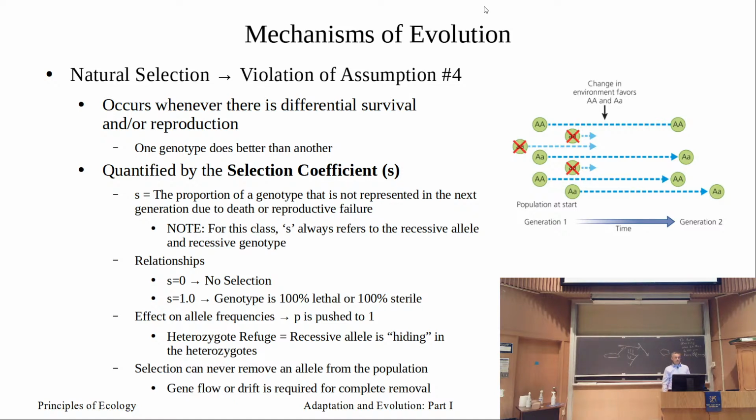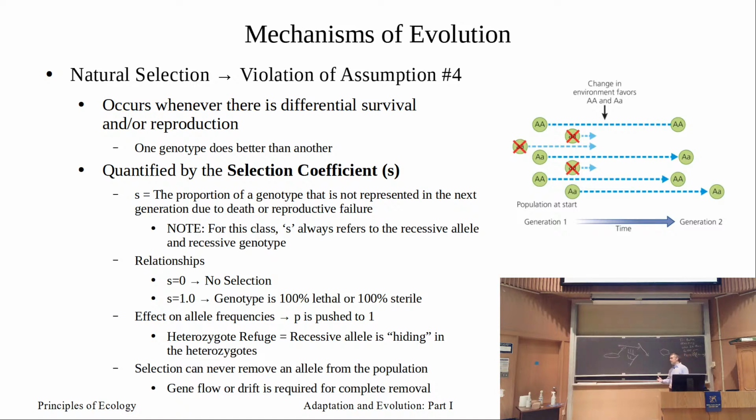Natural selection occurs whenever we have differential survival and or reproduction, meaning that one genotype is going to do better than another, either at surviving or finding a mate, or perhaps both. So this is our natural selection.